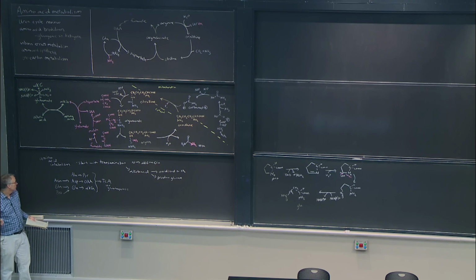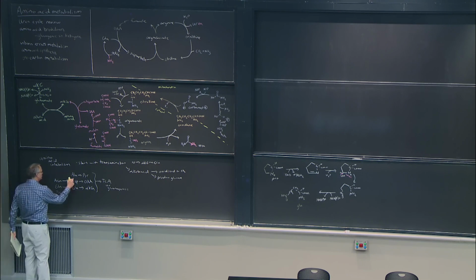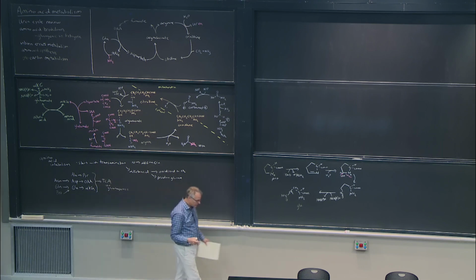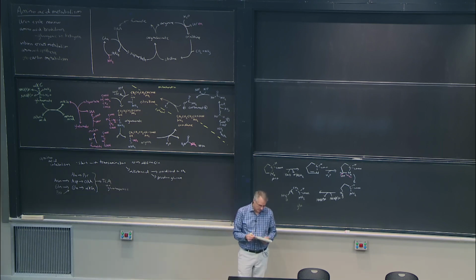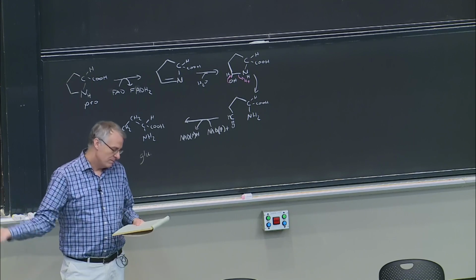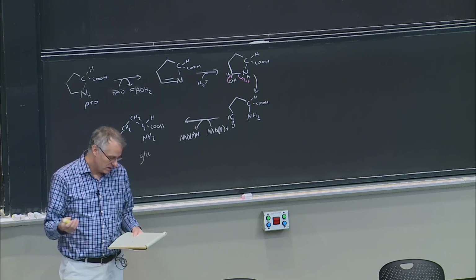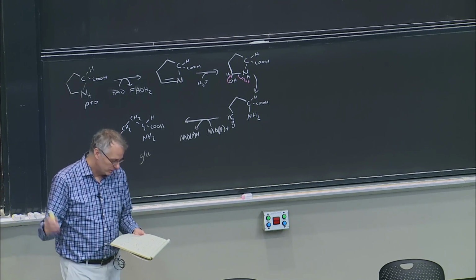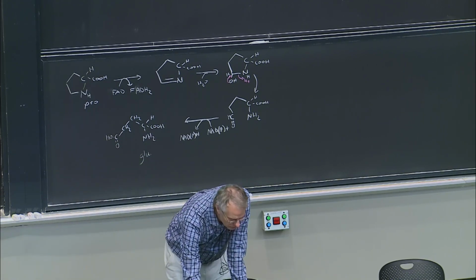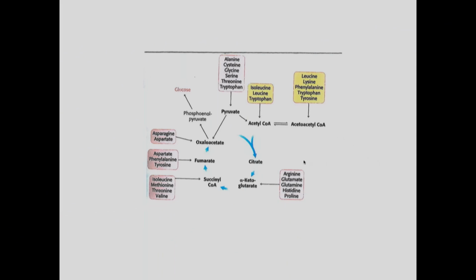Okay, so that covers 1, 2, 3, 4, 5, 6 amino acids, 7 if you count arginine that we talked about with the urea cycle. That leaves 13 additional amino acids. Many of them are first transaminated to the alpha-keto acid, and then ultimately the carbon skeleton can be used to generate another intermediate that's either involved in the TCA cycle or glycolysis.